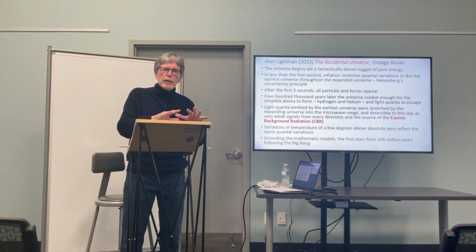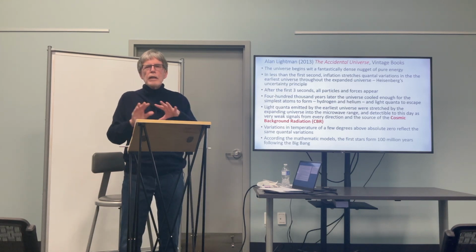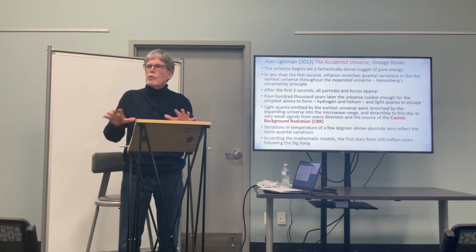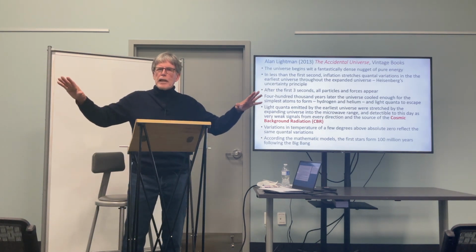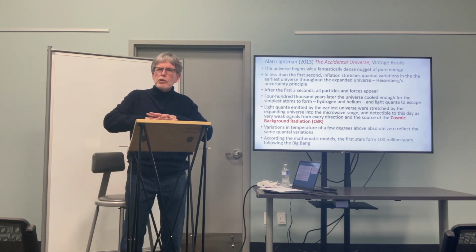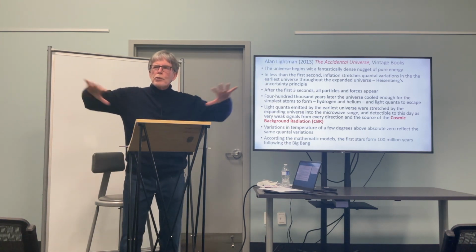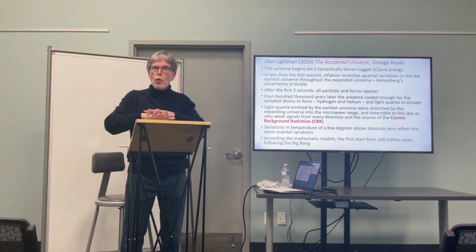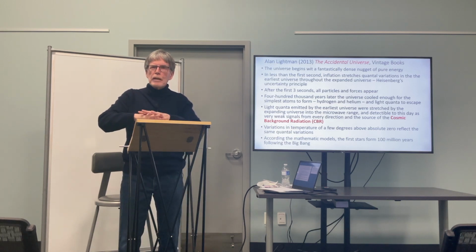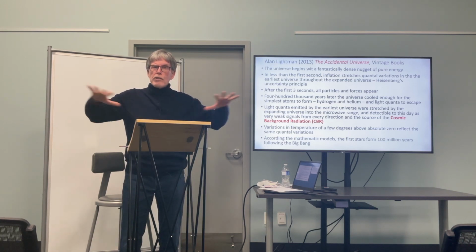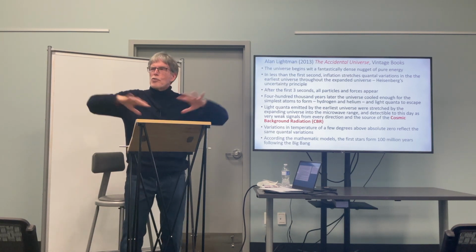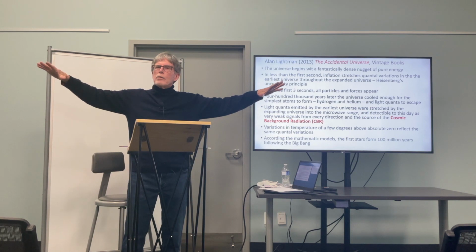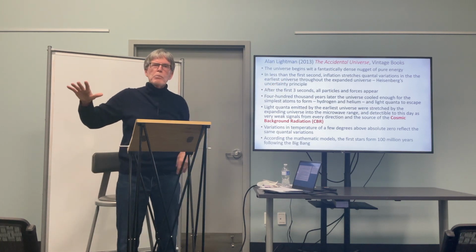So a little bit more here, a little less there, it wasn't uniform. And when it rapidly advanced like that, that variation was carried through the whole universe. So you had a quantum universe at the very beginning, translated in less than a second across an enormous distance in the universe.